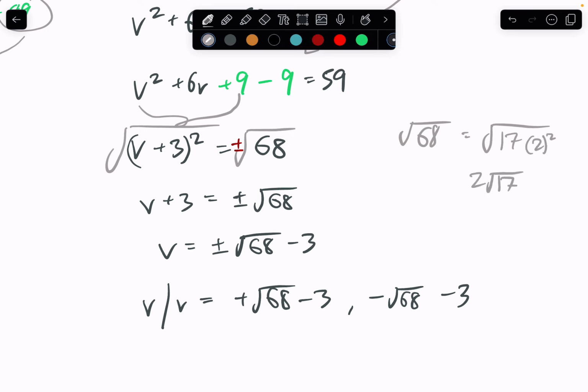And that makes this square root of 68 equal to 2 square root of 17. So instead of this, we place 2 square root of 17.